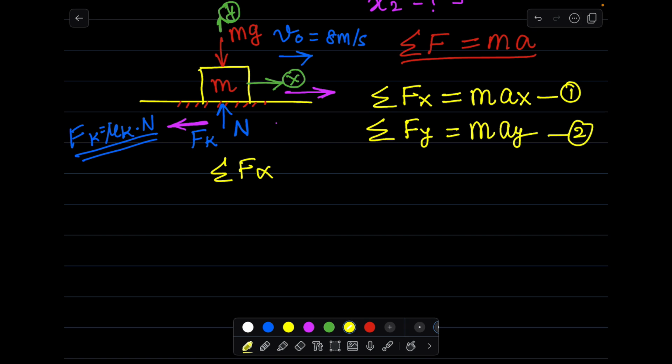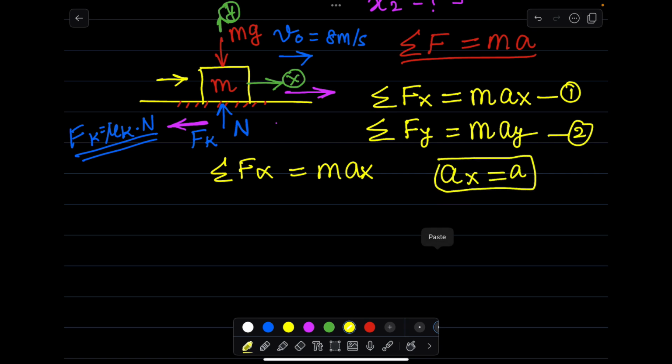Fx is equal to max, and you know that this body is just moving in one direction, in the x direction. So I can say that ax is equal to a. Why? Because there is no acceleration in the y direction, so ay will be 0.